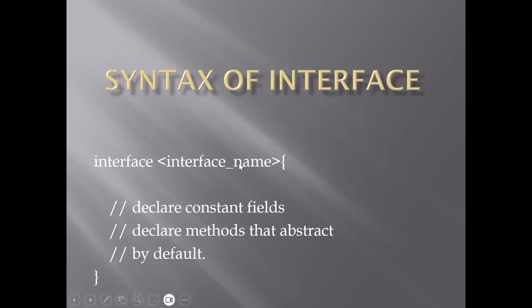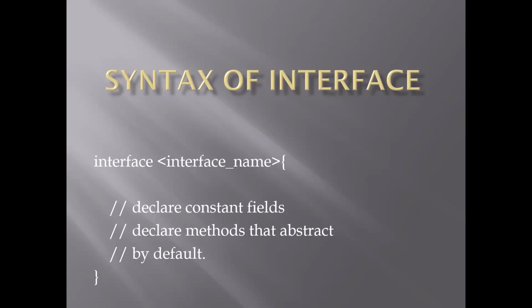Then after you put the interface name, you should open two curly brackets, opening one and closing one, that indicate the interface body. Inside this body, in this area, you can put your abstract methods or your constants.